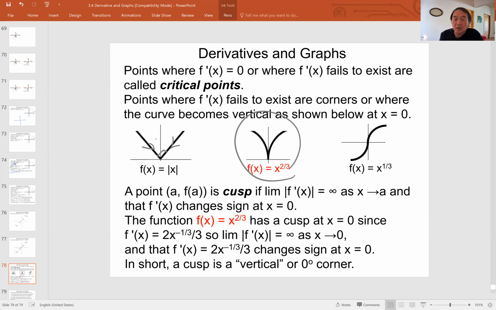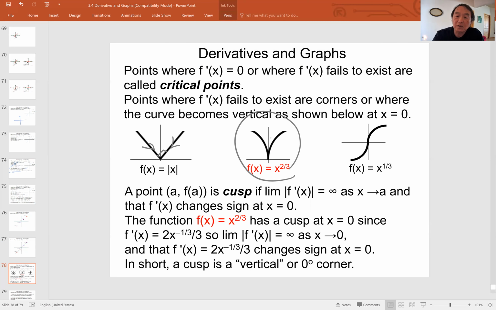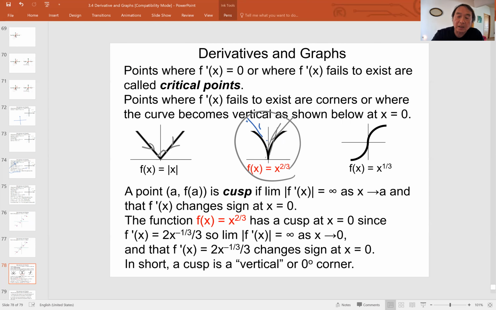Here is a corner where, as it comes in, the slope of the tangent line goes to infinity and on the other side goes to negative infinity. It forms a very sharp point, a 0 degree corner.